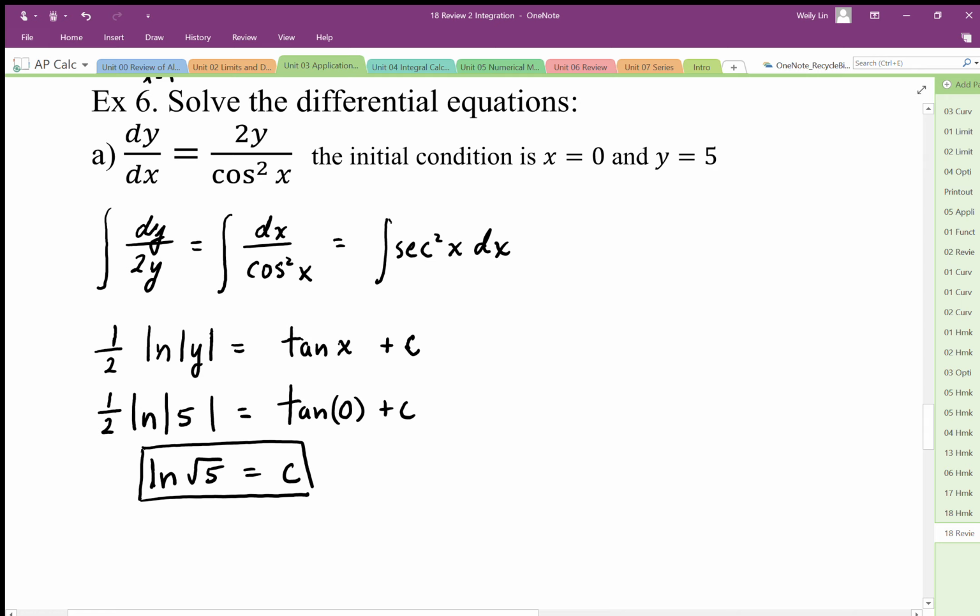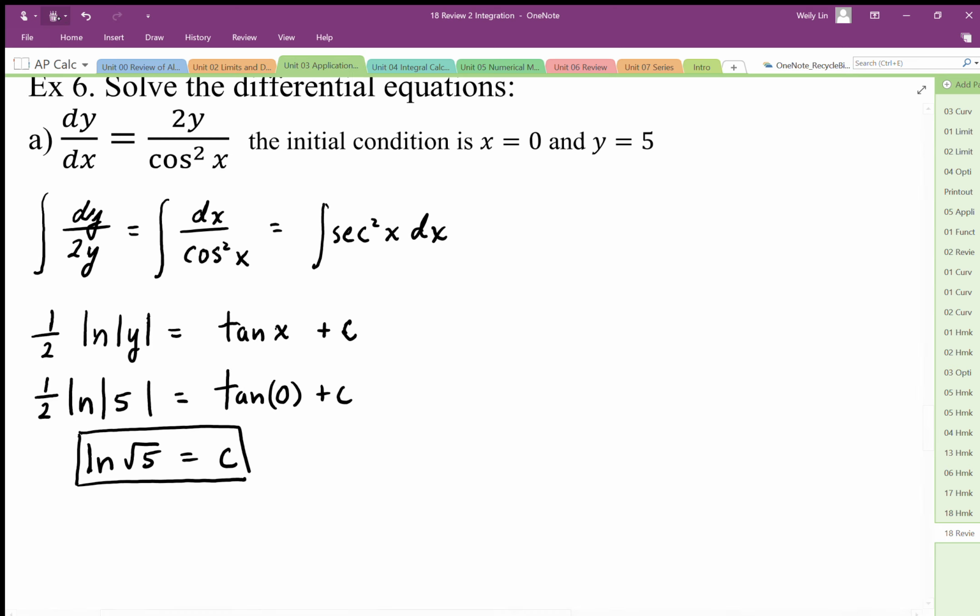I'm going to then rewrite this equation in terms of y equals. So solving for y, I'm going to rewrite it like this, log y to the power 1/2, or square root y, is equal to tan x plus log root 5.